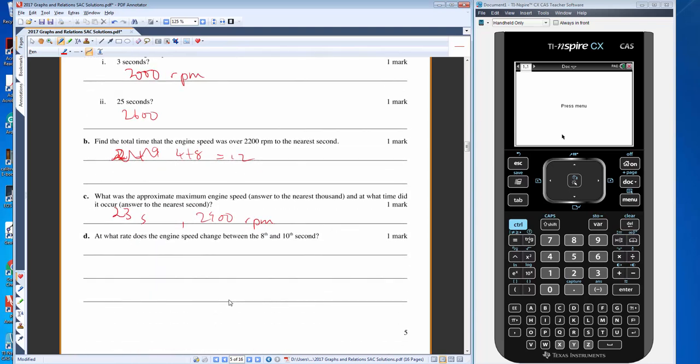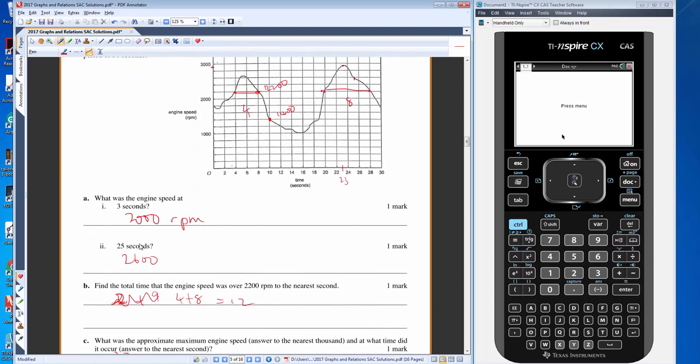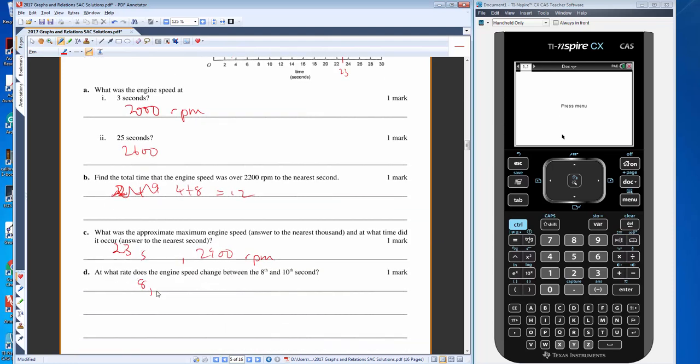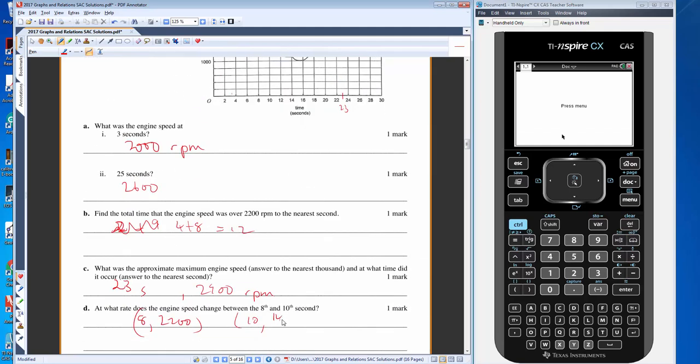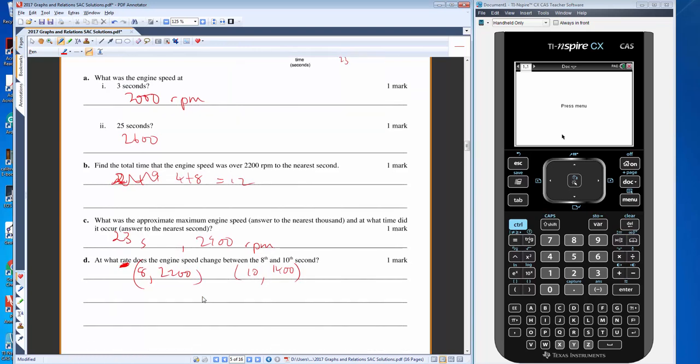Okay, so between the 8th and the 10th second, at the 8th second it was 2200, and at the 10th it was 1400. To work out the rate that it changes, you need to calculate the gradient.